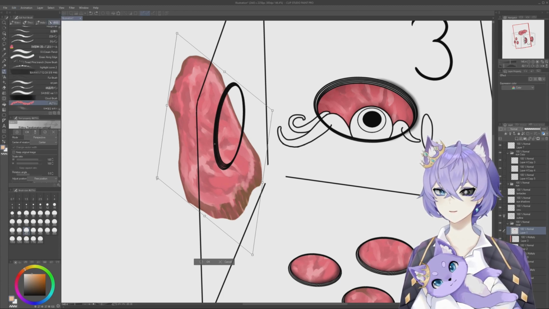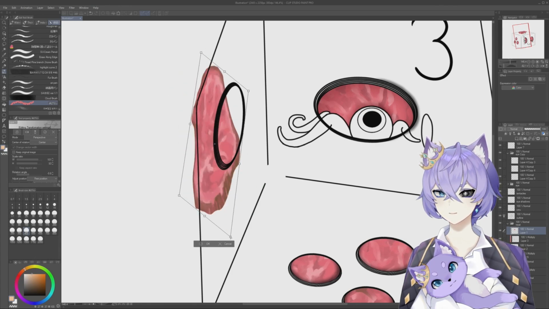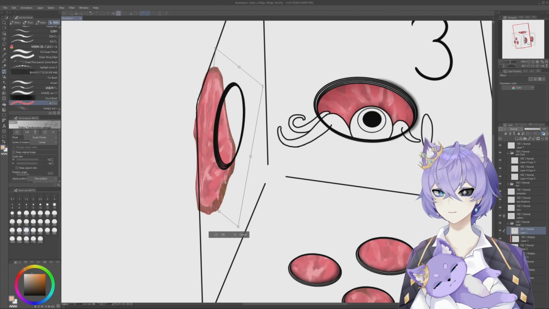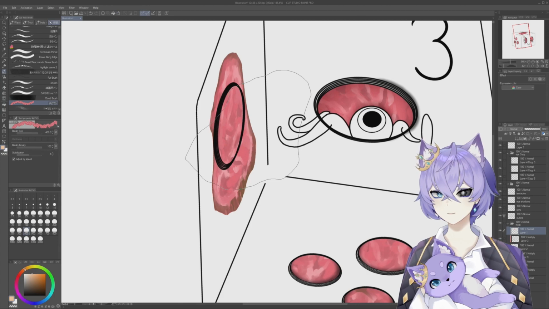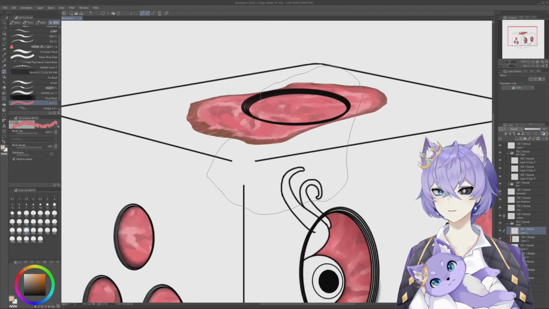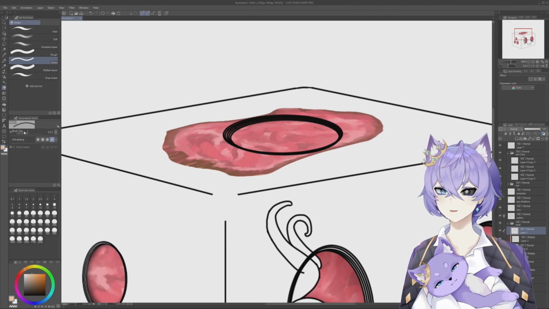Transform, perspective. There we go. Okay. And then let's go ahead and clean this up.